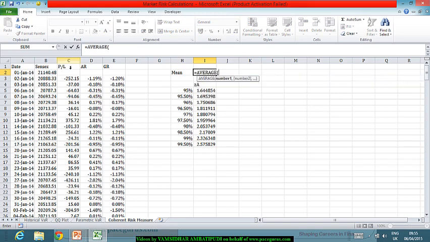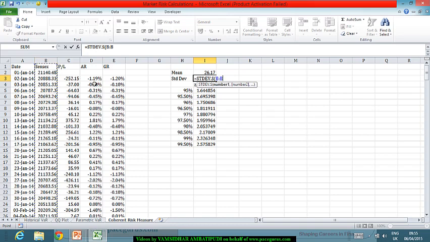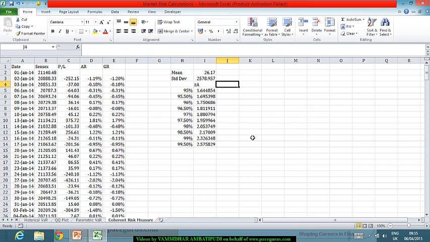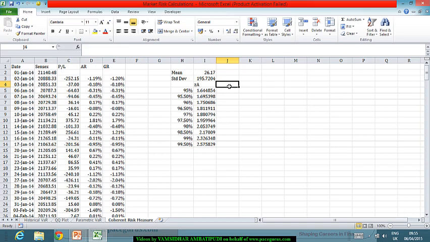So this is my mean value, this is my standard deviation value. Now how can I compute the 95% VaR here? The standard deviation I take with respect to the profit and loss, so 195.